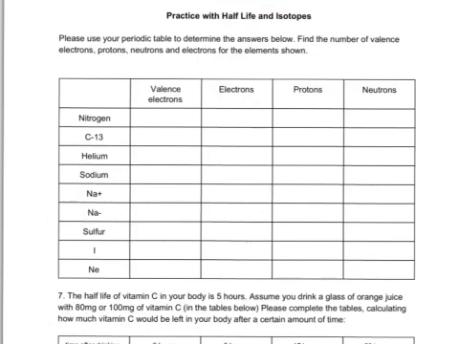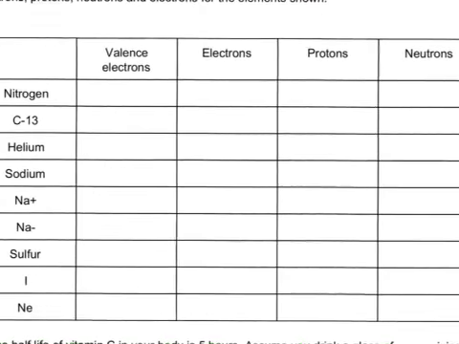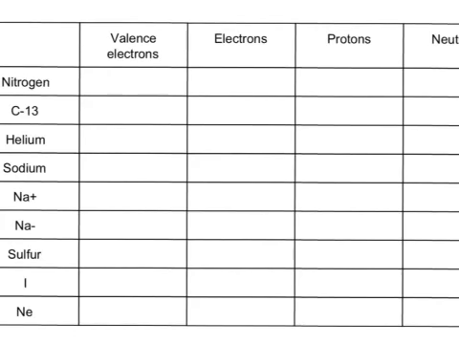Alright, looking at your periodic table, nitrogen is element number 7, meaning it has 7 protons, and the atomic mass says 14.007. So, let's zoom in here. We're on nitrogen, so the number of protons will be 7.